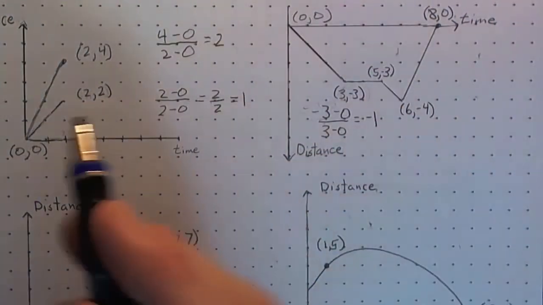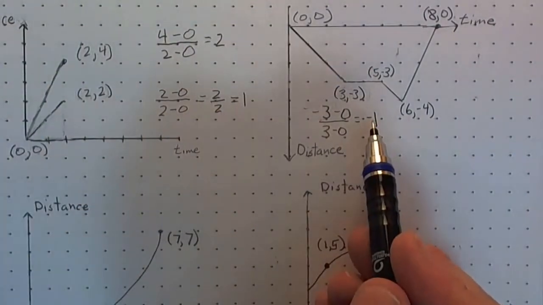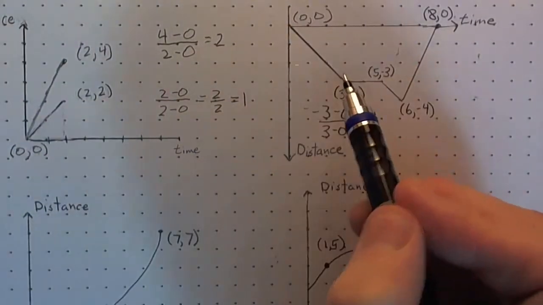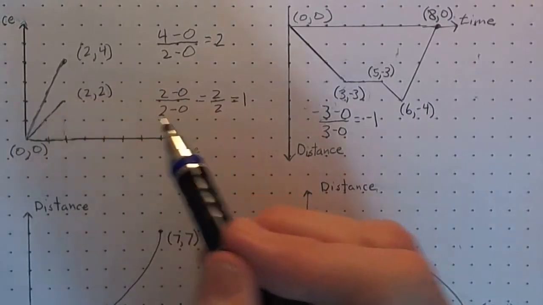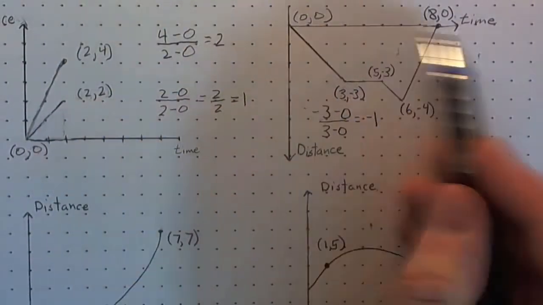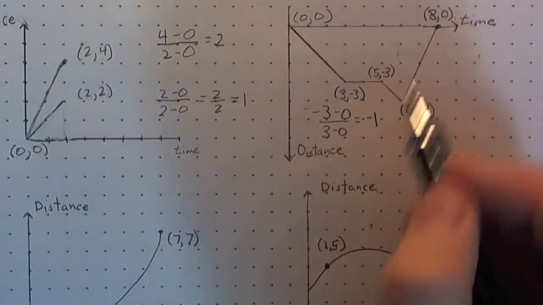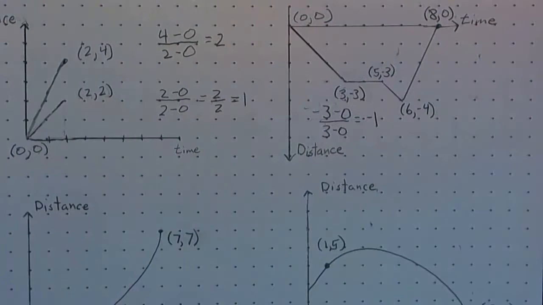So notice over here we had a positive 1 for the slope, and over here we had a negative 1. Well, what does that mean? In other words, the steepness is the same, but one has a negative 1 slope and one has a positive 1 slope. If you think about our distance application here, this would represent the direction we're going. It's sort of like if you're going forward away from a starting point, you've got 1 mile an hour.